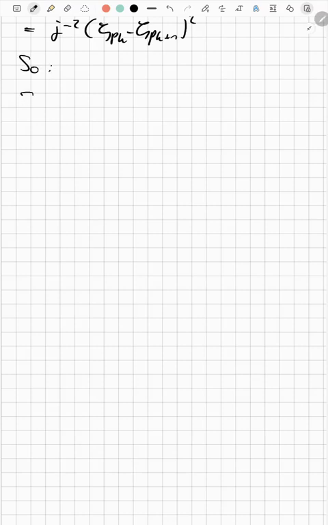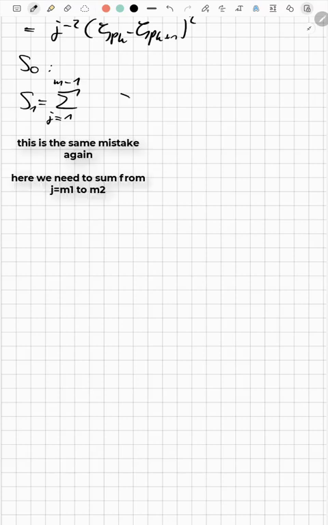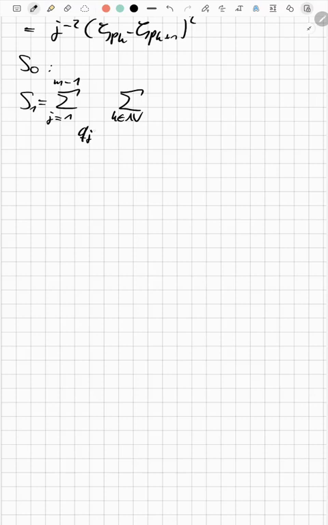So S1 is the same as, and this is what we wrote earlier, the sum of j going from 1 to m minus 1 of the sum of all these indices k, such that qj is less than pk, which is less than pk plus 1, which is less than qj plus 1. And what do we sum? Still gamma pk minus gamma pk plus 1 squared.